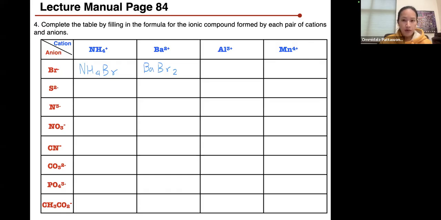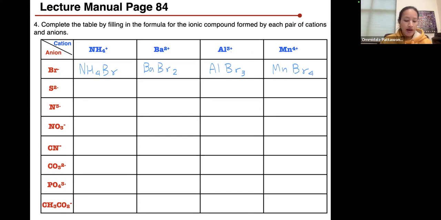What about aluminum and bromine? This is 3 plus and that's 1 minus. So for every 1 aluminum, we need 3 bromine. Same thing with manganese. For every 1 manganese, we need 4 bromine in order for the charges to balance out to equal 0.